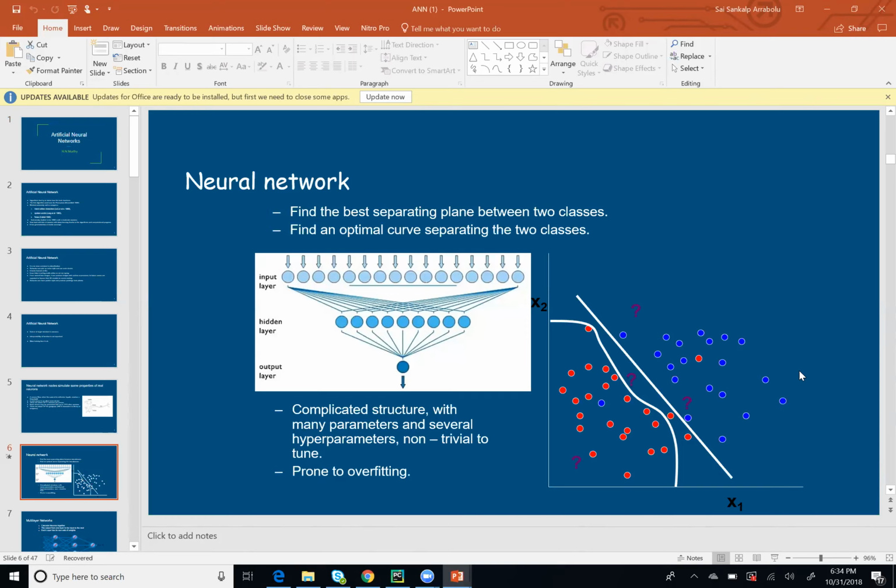I won't be going into detail. I don't think we have any exercises on RNN and CNN as such, because each of them is itself a course on its own, like deep learning, because it's a lot more detailed. I talked about transfer learning a little bit last time, where you can train another neural network and then transfer some of its learning from the hidden layers to your current neural network.